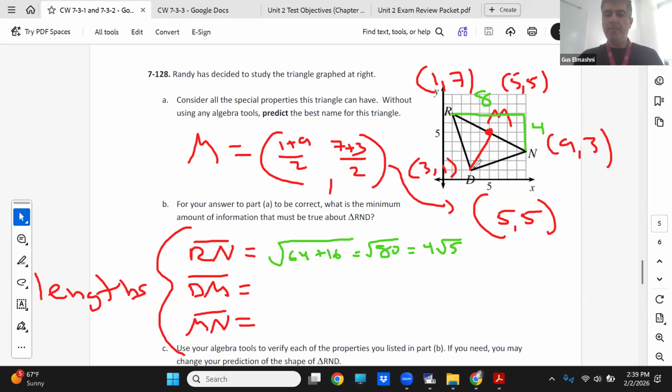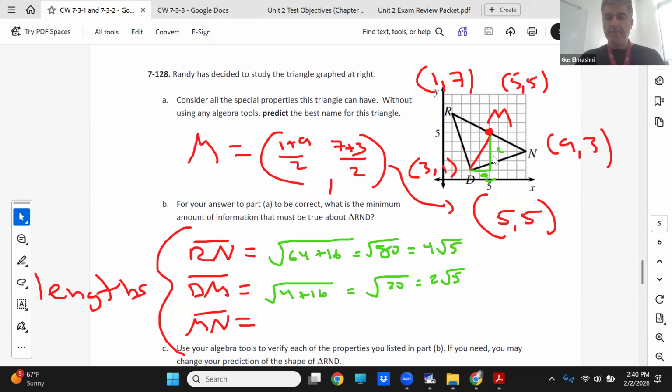The DM, if I do this, so if I do the Pythagorean theorem to solve for DM, I should get root 4 plus 16, which is root 20, or 2 root 5, which interestingly is half of RN.